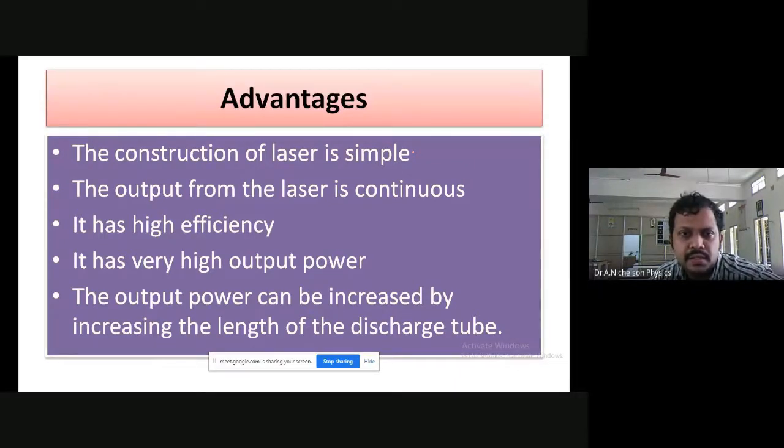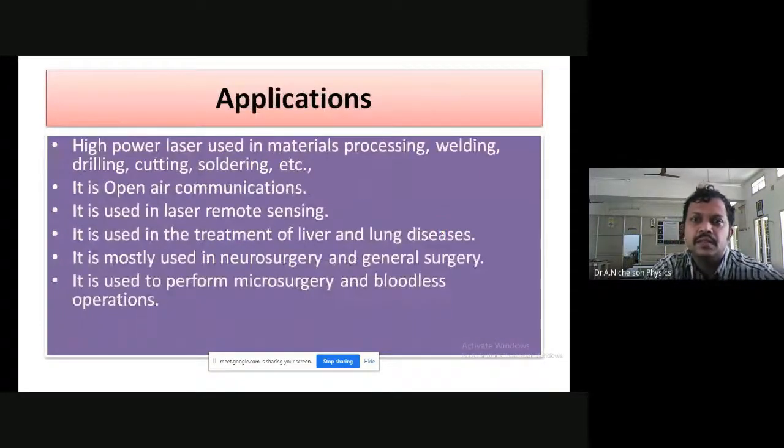The output of this laser can be continuous, and pulsed output is also possible. Continuous output is an advantage of this laser. It has high efficiency and high output power. The output power can be increased by increasing the length of the discharge tube. That is another advantage.